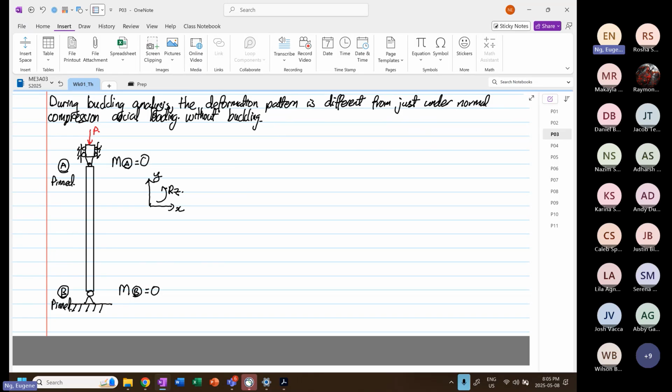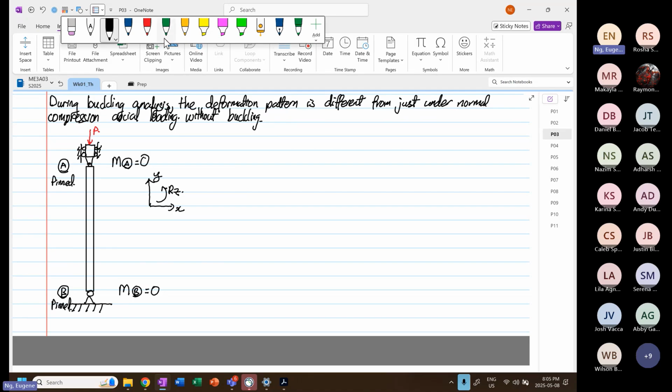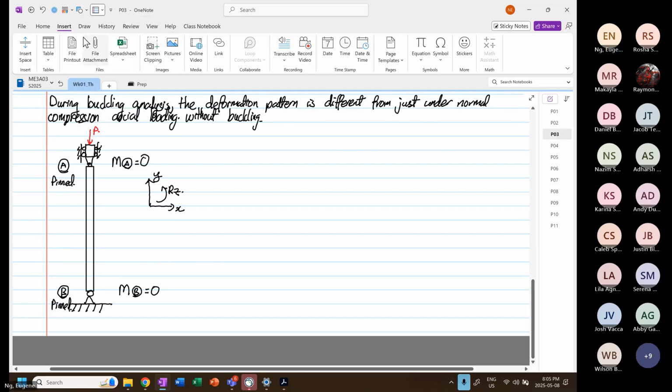Okay. So now once we start having a load that has been applied, and I'm going to sketch out our centroid. Okay, so this is again our centroid.